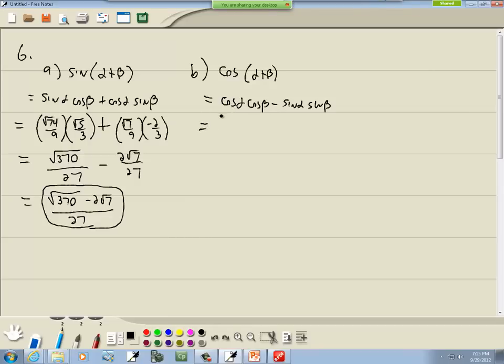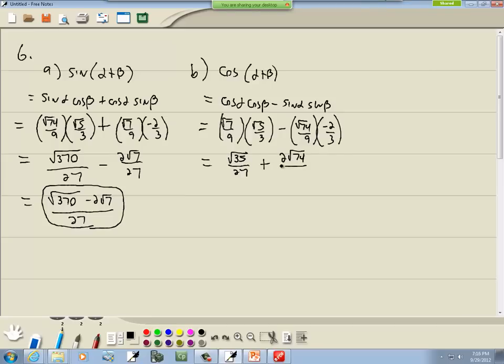Now from our previous page, we said cosine alpha is square root of 7 over 9, and cosine beta was square root of 5 over 3, minus sine alpha, which was square root of 74 over 9, times sine beta, which is negative 2/3. Well, 7 times 5 is 35, so we got square root of 35 over 27. A negative negative is positive, and we got 2 square root of 74 over 27, which would give us square root of 35 plus 2 square root of 74 over 27.